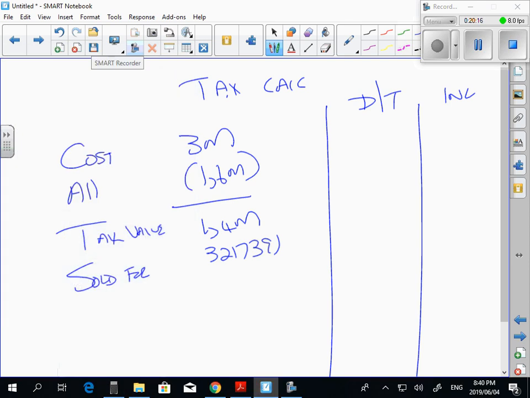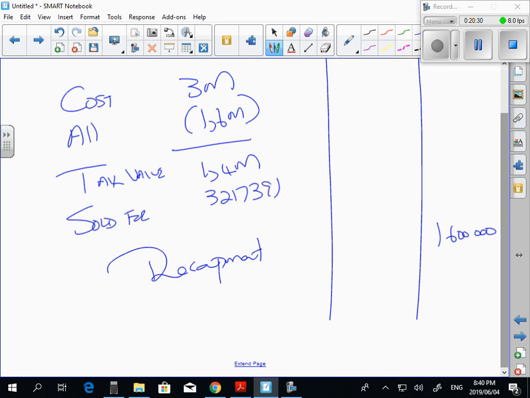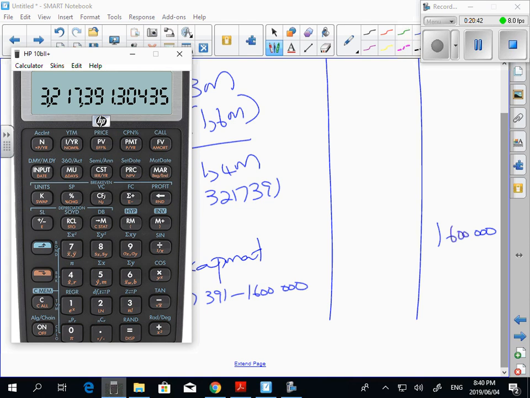So what's going to happen, guys? I'm going to have a recoupment equal to how much? $1.6 million. And I just want to set up properly. Your proceeds is going to be 3,217,391 minus 1.6 mil, which is $1,617,391.